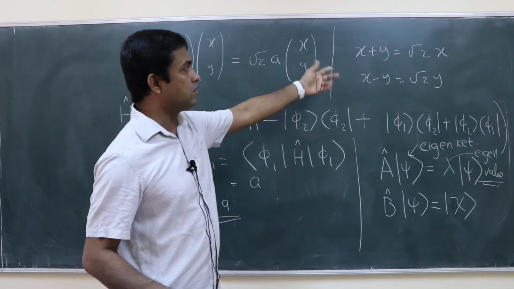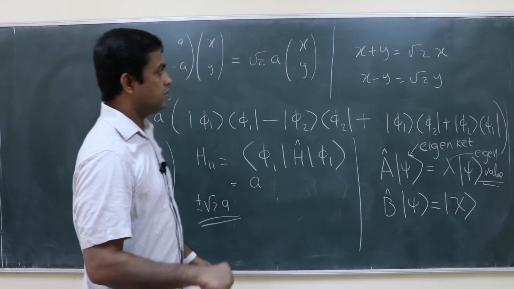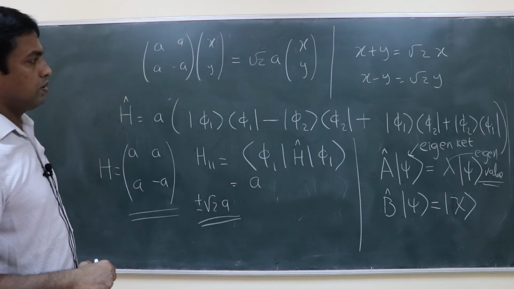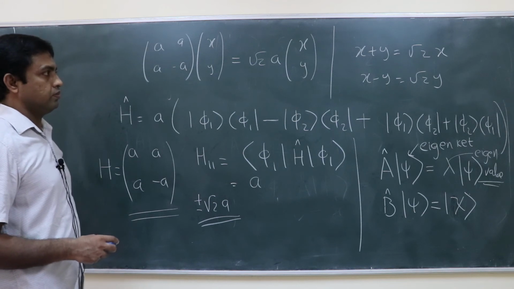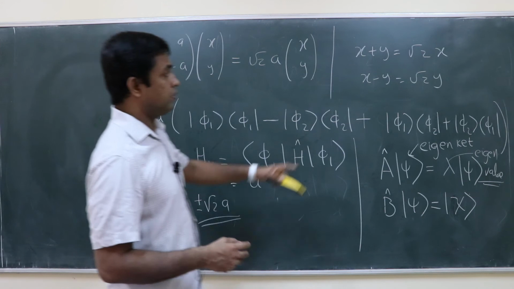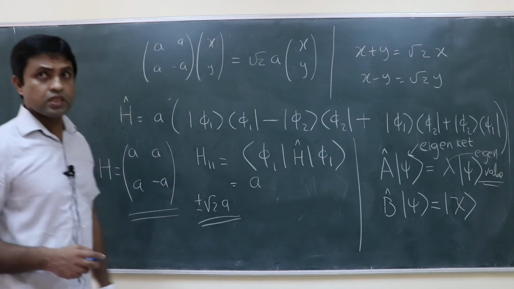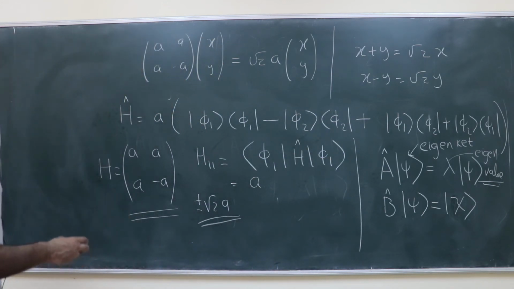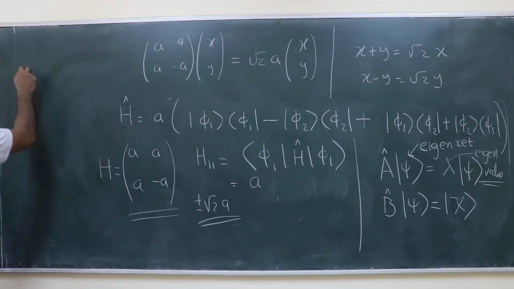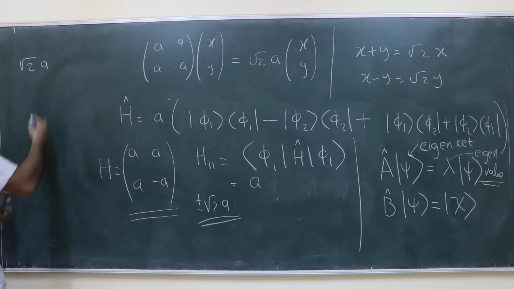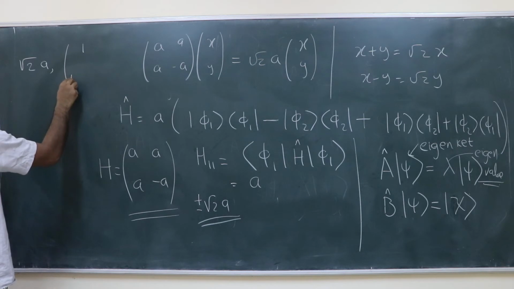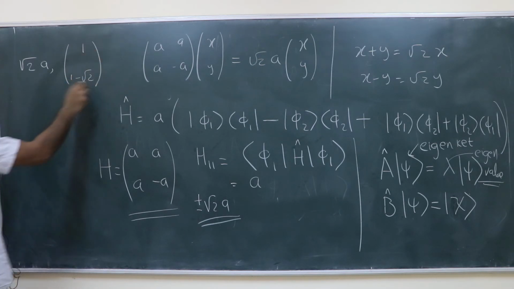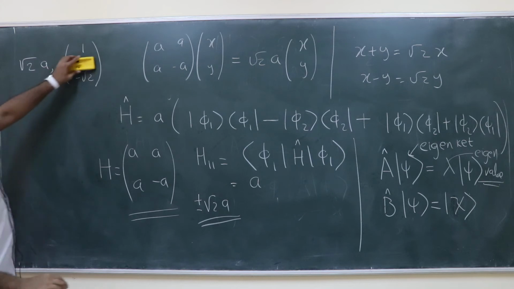Suppose x is equal to 1, what is y? It is root 2 minus 1. So one of the eigenvectors, for root 2a, the corresponding eigenvector is 1, root 2 minus 1. This is what you are saying, right?